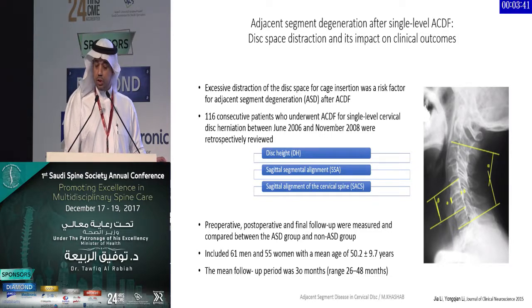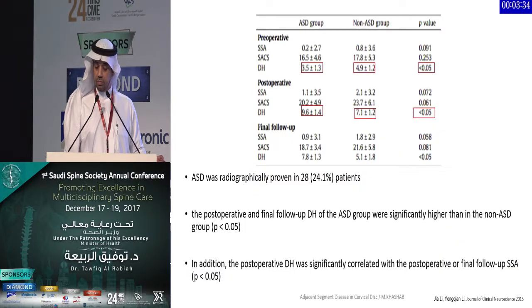They followed these patients for about 2 to 3 years, looked at plain x-rays, and looked at the possibility of adjacent segment disease. So they had 2 groups, adjacent segment disease and non-adjacent segment disease.